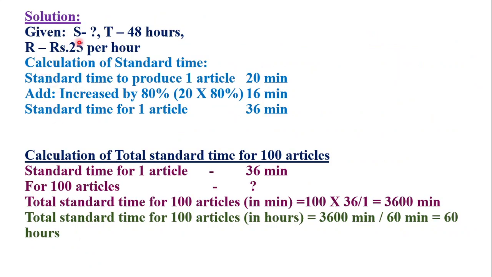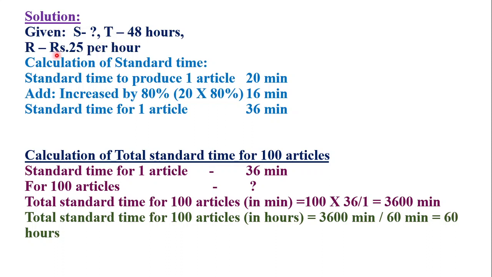What is given? See, the basic thing we require for calculating wages under the Halsey and Rowan plan is the standard time. But the standard time information is not given directly. We have to calculate the standard time. And time taken is given as 48 hours.